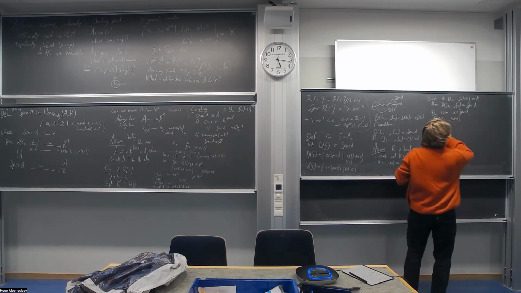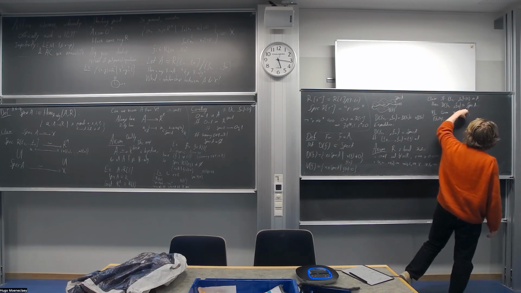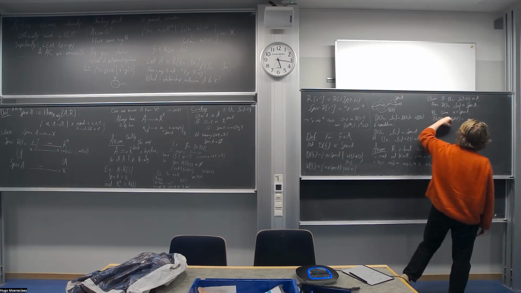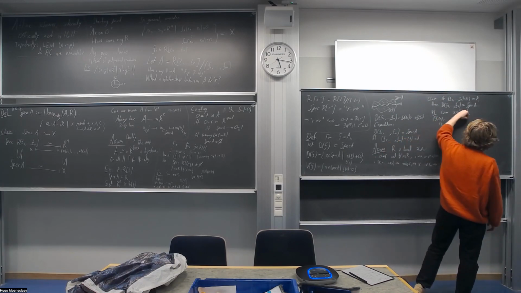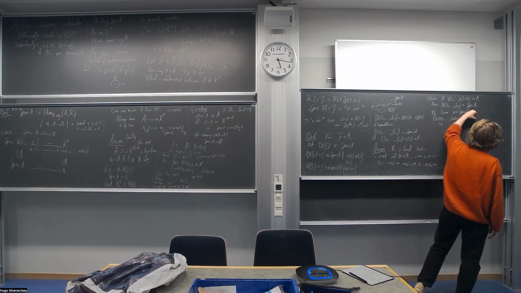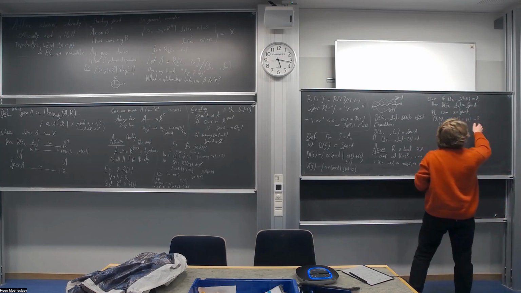Because already in A they generate the unit ideal, these are elements of R, and in particular, when you evaluate at x, they still generate the unit ideal of R.